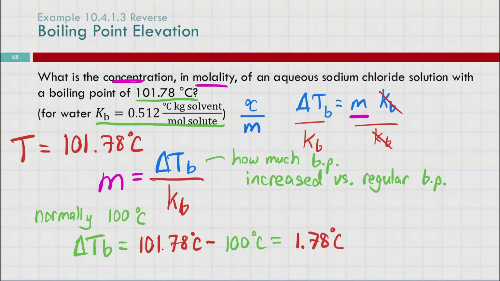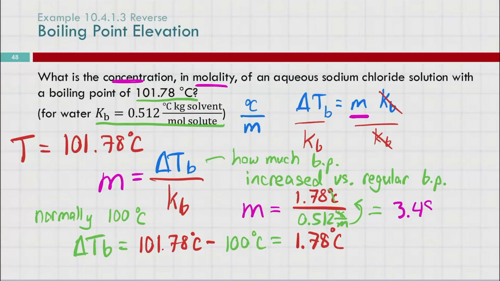All right, so molality equals our delta Tb of 1.78 degrees Celsius over our Kb that we were given of 0.512 degrees Celsius per molal. The degrees Celsius cancel, the molal pops to the top. So our molality is 3.48 molal sodium chloride.